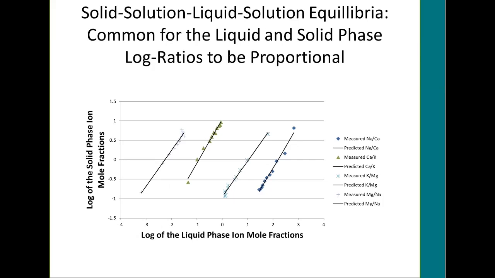For some reason that I don't understand, that I suspect is mathematical rather than physical, there tends to be a strong correlation between the log ratio in the liquid phase and the log ratio in the solid phase. This is the same solid that has 4 cations in it: sodium, calcium, potassium, and magnesium. This happens to be a phase called illite.